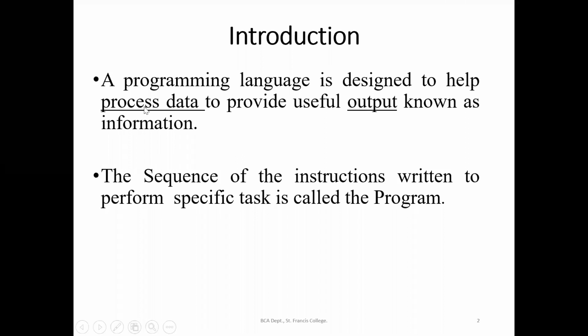In order to execute a particular task, the computer has to process the data and get useful information out of the data, right? Data is nothing but all the things which we get, like upon submission.